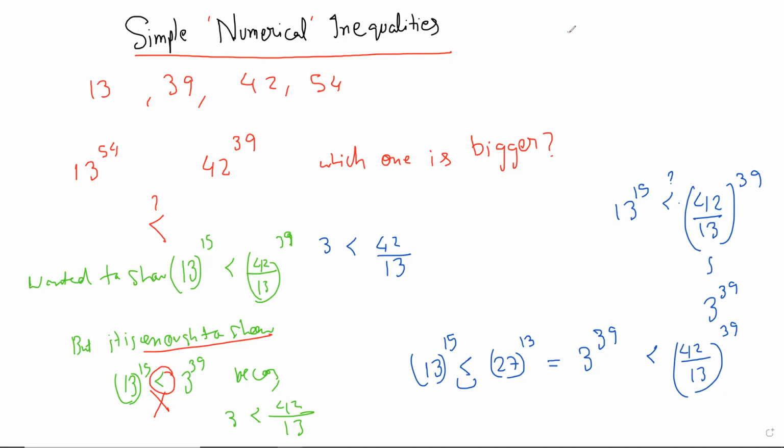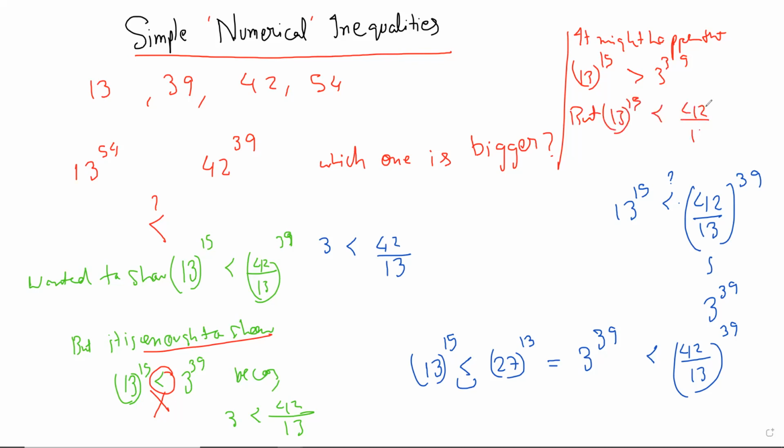It might have happened that 3 to the power 13 is bigger than 39, but 3 to the power 13 is less than this. Okay, it's in between. This might have happened, right?